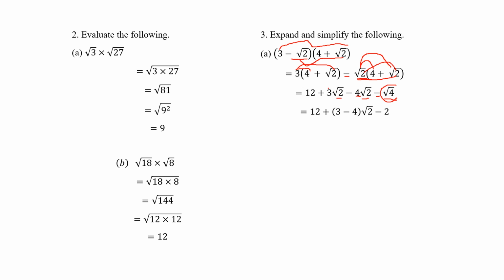So the 3 plus the minus 4, then the 12 is there, then the root of 4 is the 2. Then the next step, we are going to add the 12 to the negative 2. So when you add the 12 to the negative 2, we are having positive 10. Then even here we are having a negative 1 root of 2, to have the answer as 10 minus root of 2.